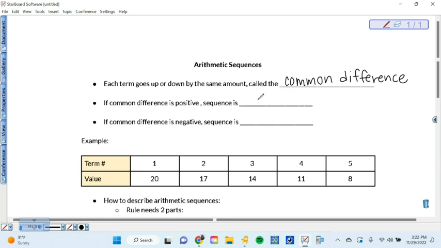Yeah, increasing. And that's because we're adding to go from term to term. And then just the opposite, if a common difference is negative, the sequence is going to be what?